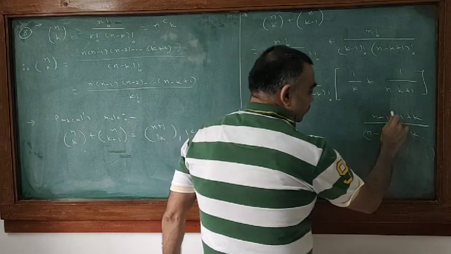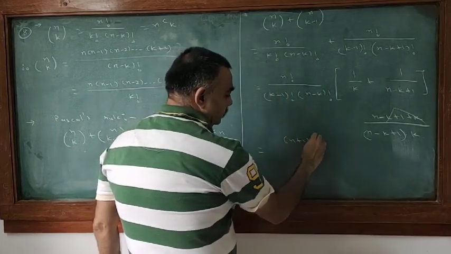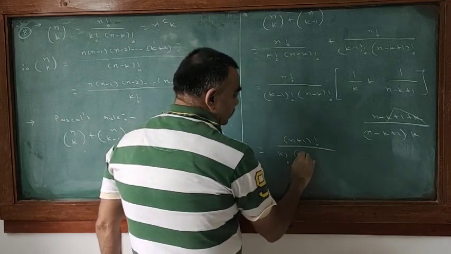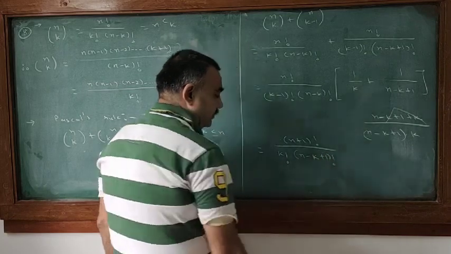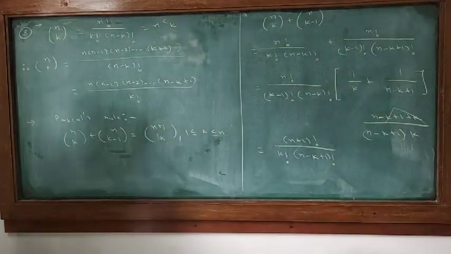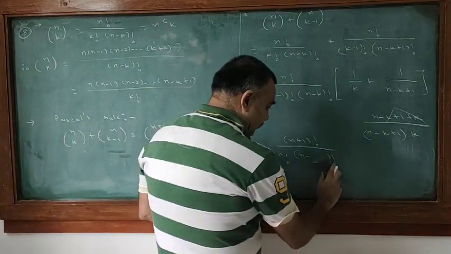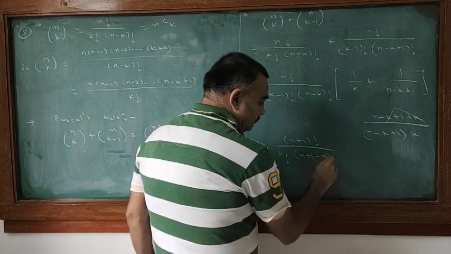So we can cancel this out, and therefore it is n plus 1 factorial upon k factorial n minus k plus 1 factorial. So can I say this is n plus 1 minus k factorial?